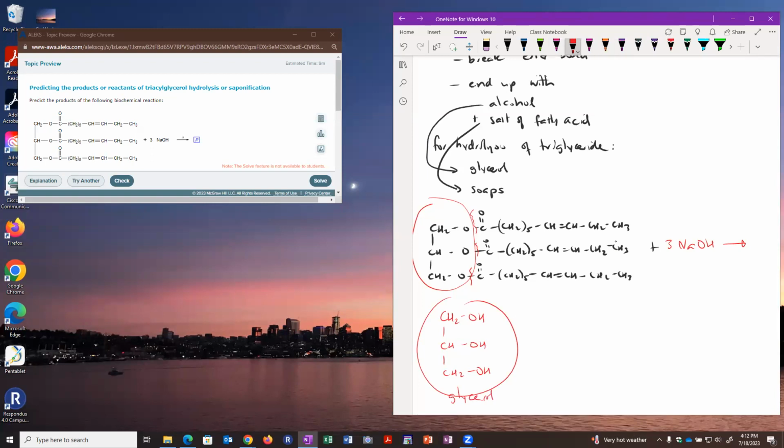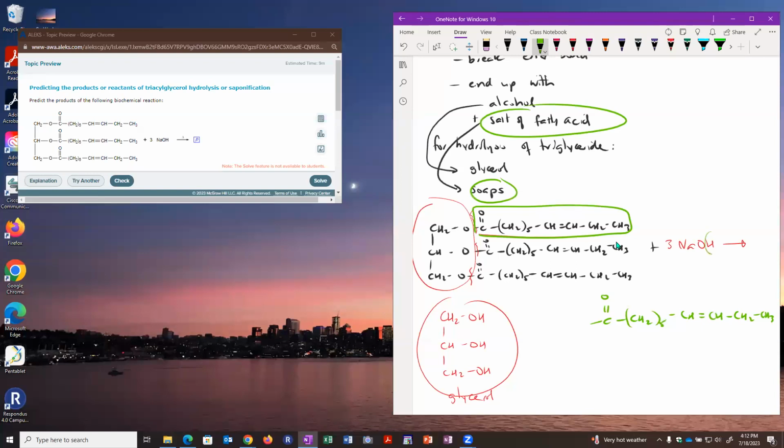That's this fragment there. And then on the right side, I'm going to have each of these, right? So in green, we'll try to draw these. And all I'm doing is drawing the fragments that result first, right? That's the quickest way to do these. That's to ensure that you don't make any of the simple mistakes that can crop up. So all I'm going to do now is to complete this soap or the salt of the fatty acid, right?